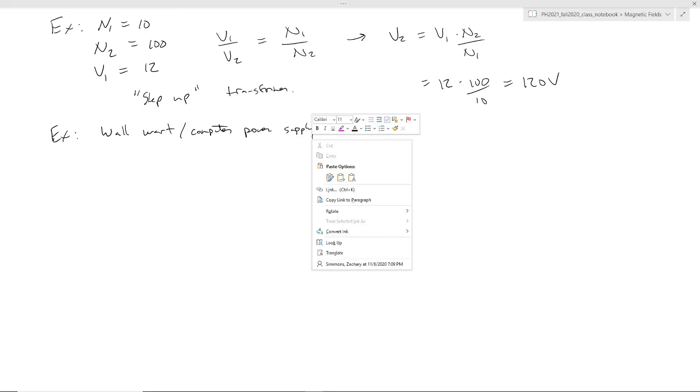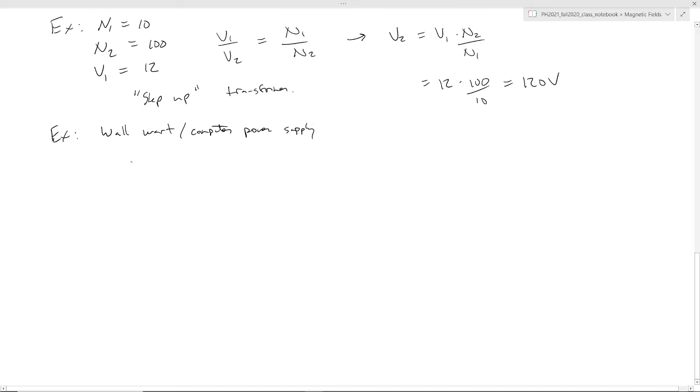Generally, let's just imagine it's a little box that you plug into the wall. And this would be 120 volts, the wall voltage. And what's coming out of this can be combinations of things, but for example, 5 volts.